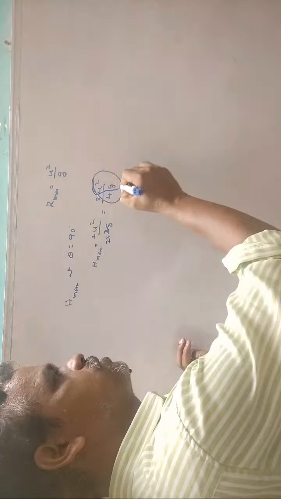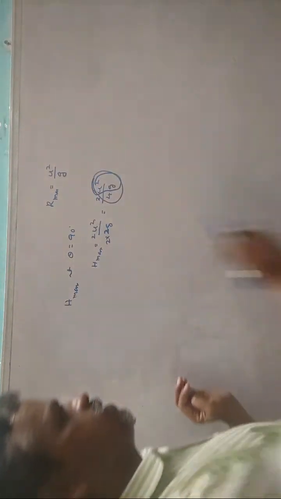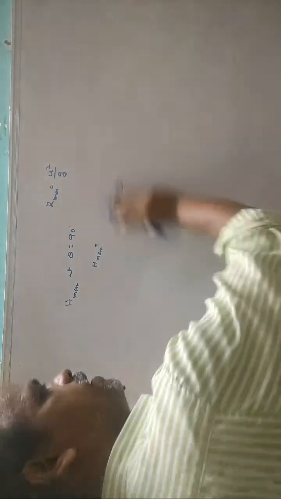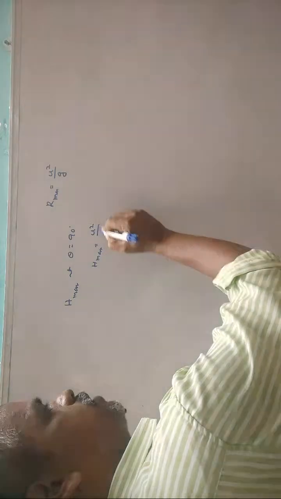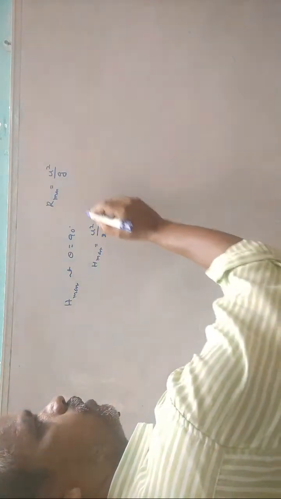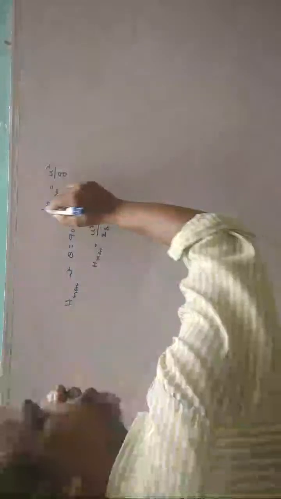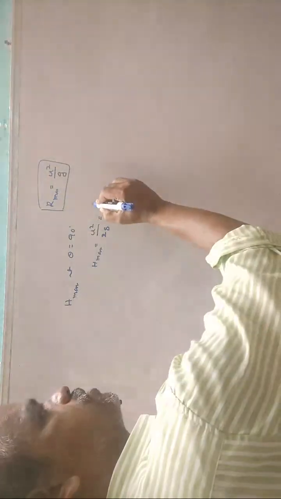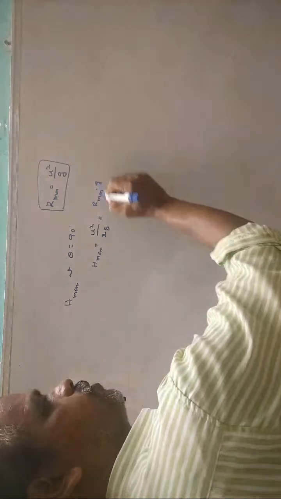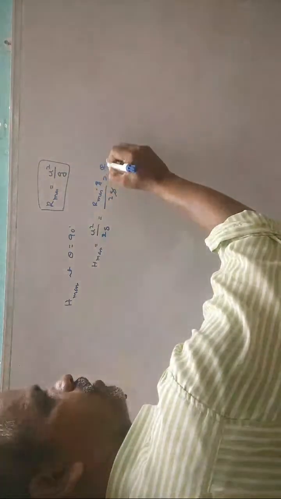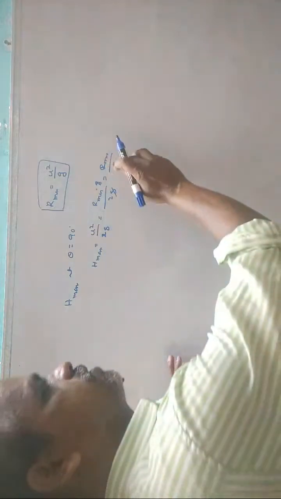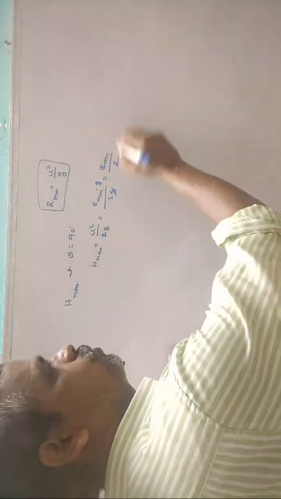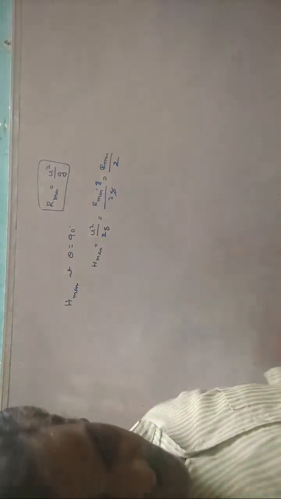Substituting R max, H max equals R max by 2, since g cancels. So H max is R max by 2. Okay, you just write this one.